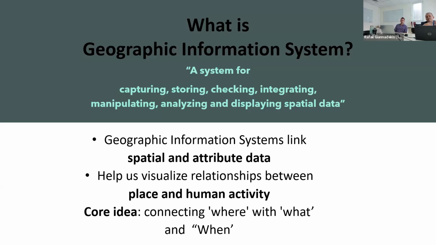If we want to make a more academic definition, it is a system of capturing, storing, checking, integrating, manipulating, analyzing, and displaying spatial data. So if someone asks you what is a GIS, if you say all these five or six words, you can include everything that a GIS system does.